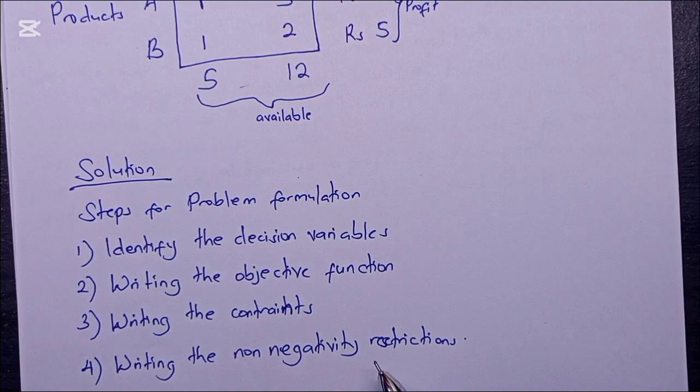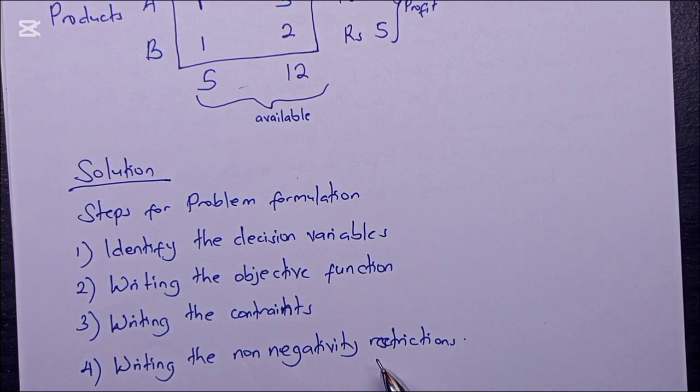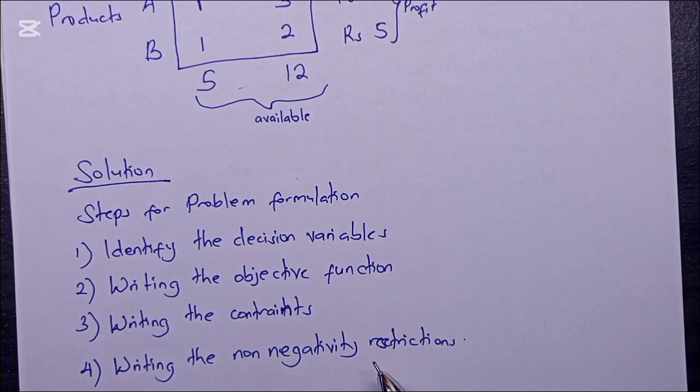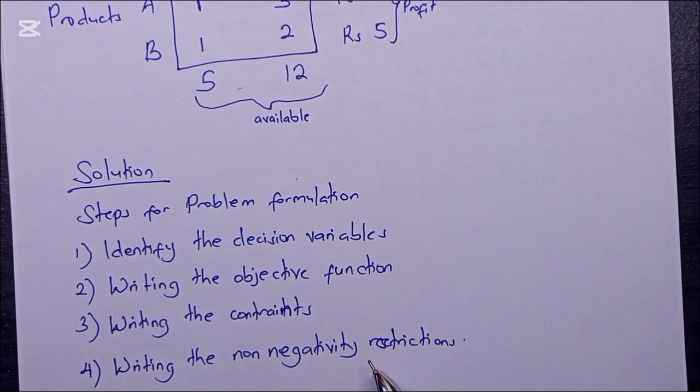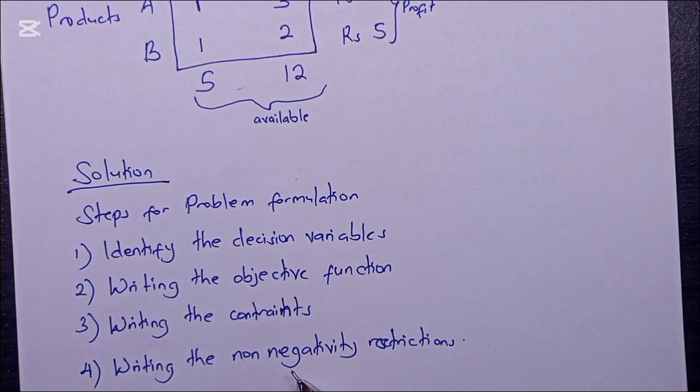This is like the manufacturer cannot produce negative products. He cannot produce negative product A and negative product B. It either has to be 0, like no production, or it has to be greater than 0, but it cannot be negative. That's why we have to state the non-negativity restriction.